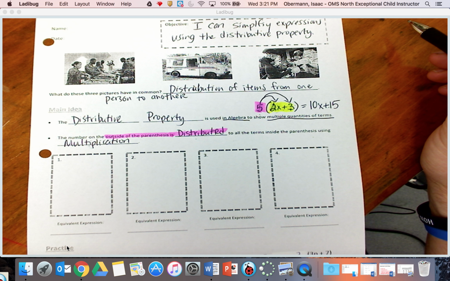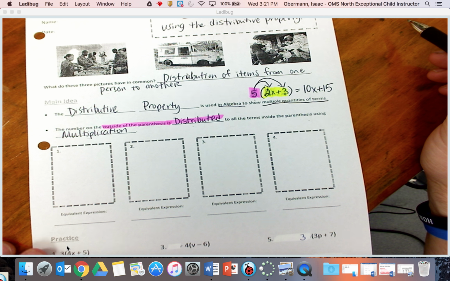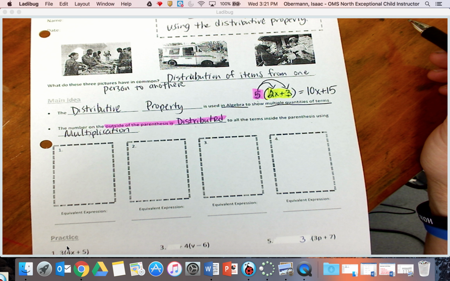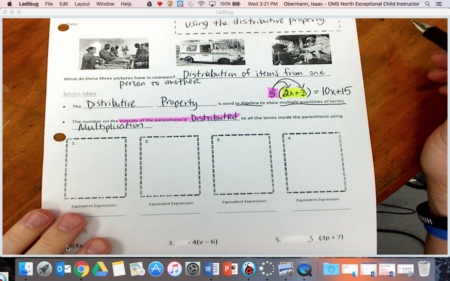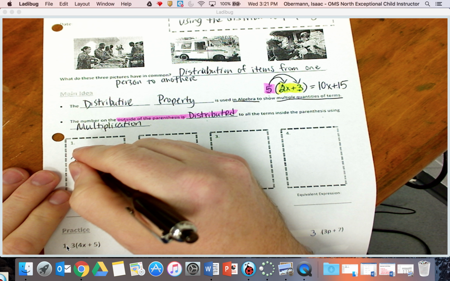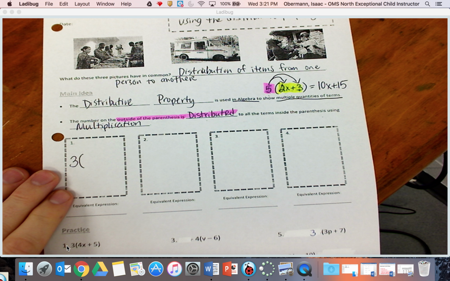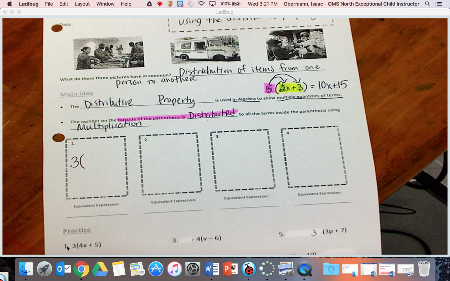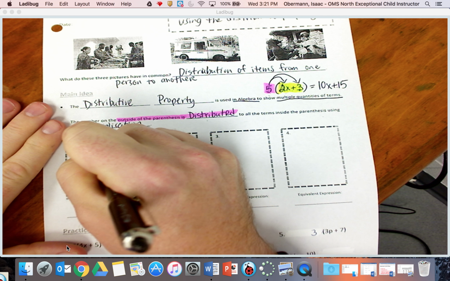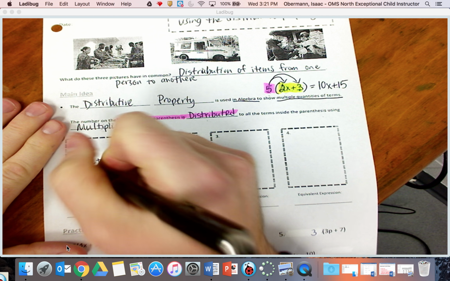Okay? So let's look at a few examples here, and then we have some down here on the bottom for you to practice. So doing these here at the bottom, I'm going to give you an example. Let's say I have 3, and I want to distribute that. I want 3 times as many of my terms. I'm going to have 2t plus 6.